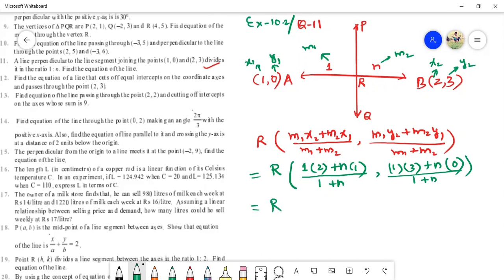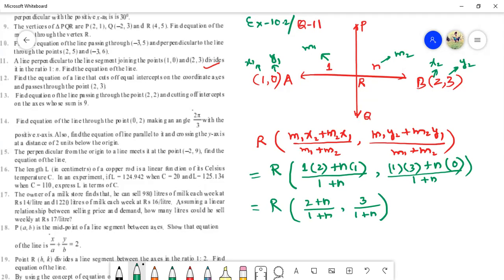Solve it. We get the x coordinate 2 plus n upon 1 plus n, and the y coordinate 3 plus n into 0, that is 3 upon 1 plus n.